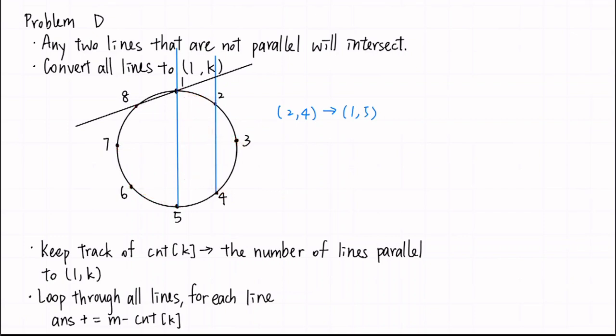So the lines from 1, 2, 1, 3 to 1, 8 would represent all of the possible lines.